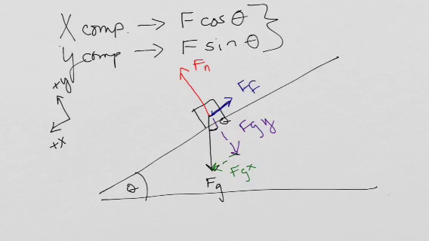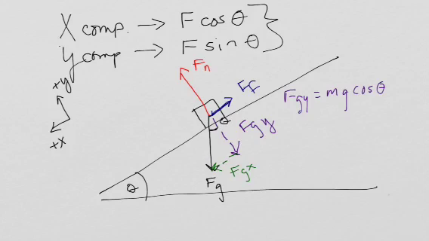You've been given the mass of the object, so you know the force of gravity, which means you know its mass and you know gravitational acceleration. So FGY is the mass of the object times gravity times the cos of the angle. That's simple trig because it's the adjacent over the hypotenuse.